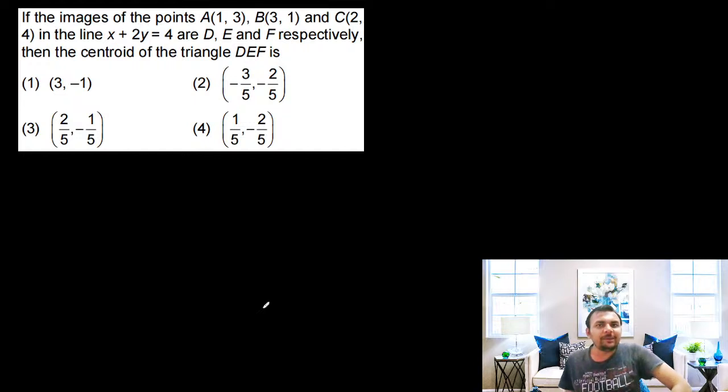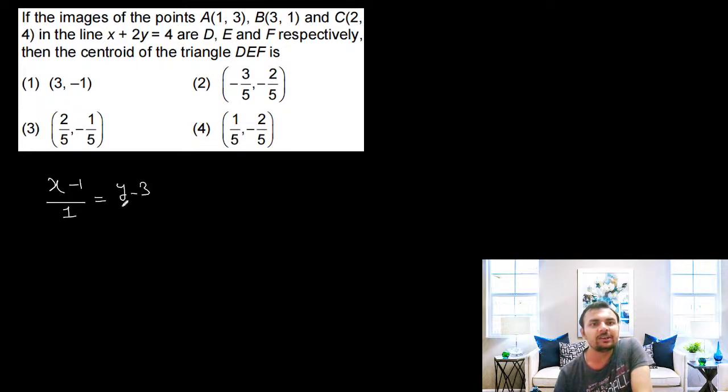If image of ABC in the line is DEF, then the centroid. So simply use the image formula. (x minus 1) upon 1, (y minus 3) upon 2 equal to minus 2 times of 3 upon 5.